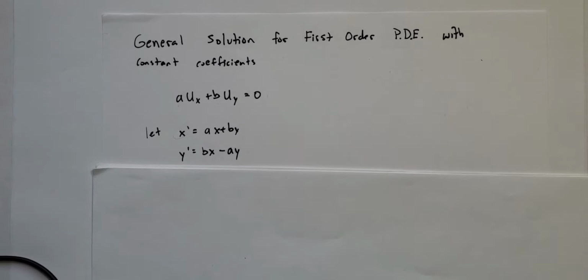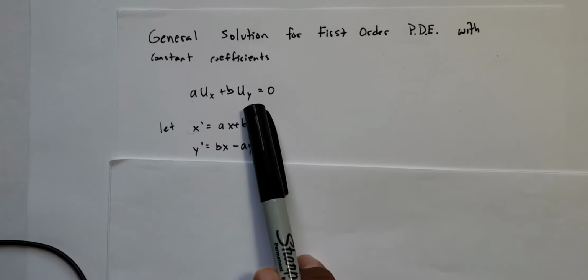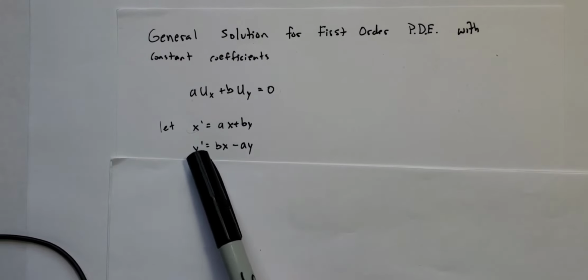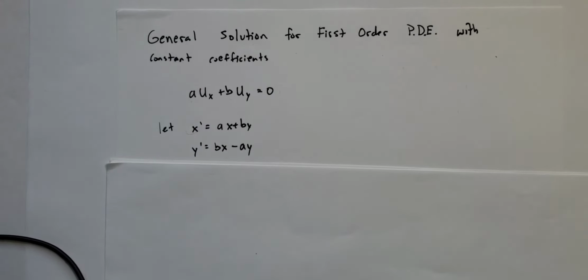Okay, so first thing we need to do is change our derivatives from x and y to x prime and y prime. Let's start with u of x.